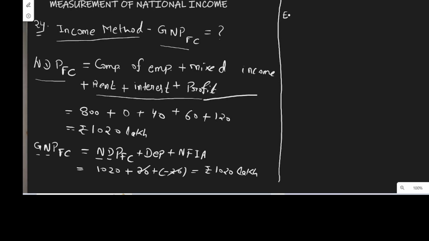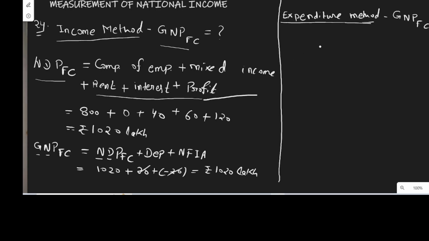So now we need to find the same thing, that is GNPFC, by the expenditure method. So I will write the heading expenditure method first. What is to be calculated, I will clearly mention so that I shall not forget it while solving my sum. Okay, now we need the formula like in the income method.